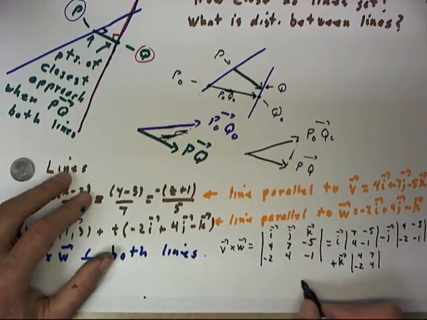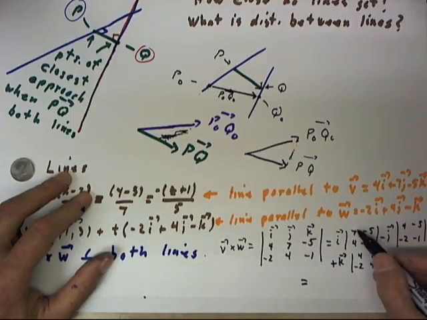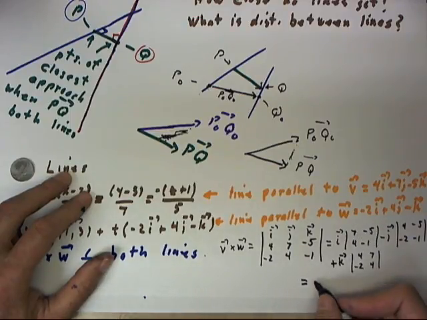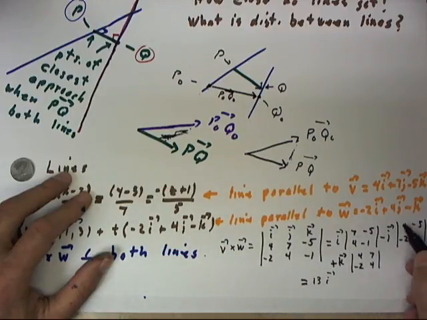And if I do my arithmetic correctly, that's going to be negative 7 plus 20, which is 13i, minus, okay, negative 4 plus 10, so that's minus 6j, and then 16 plus 14, which is 30k.